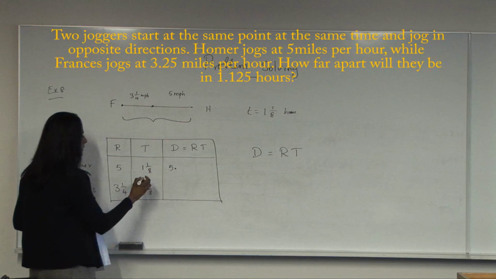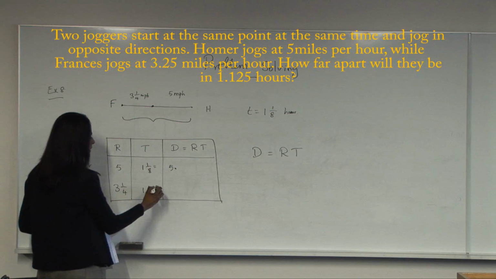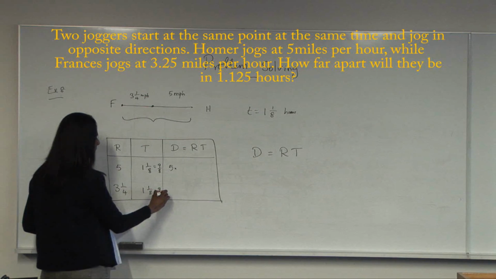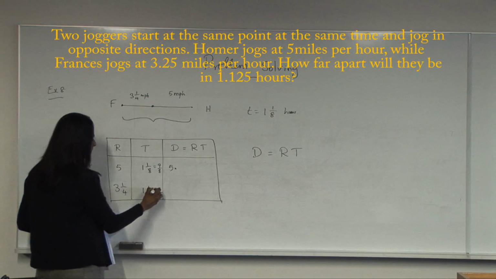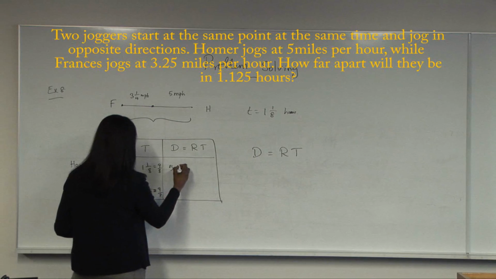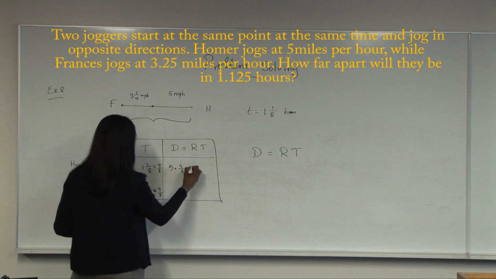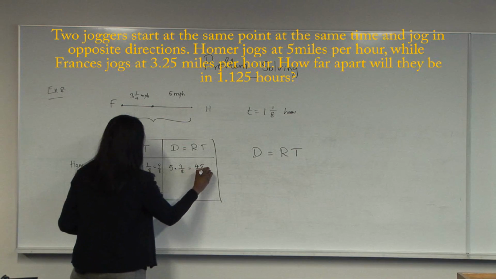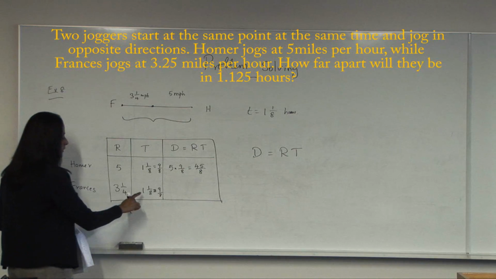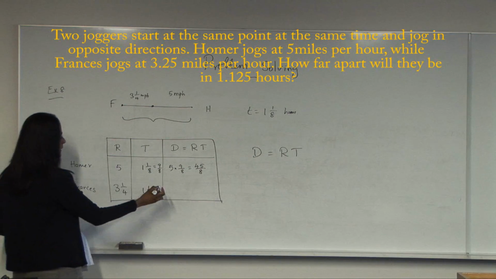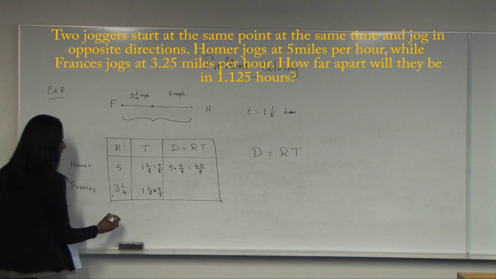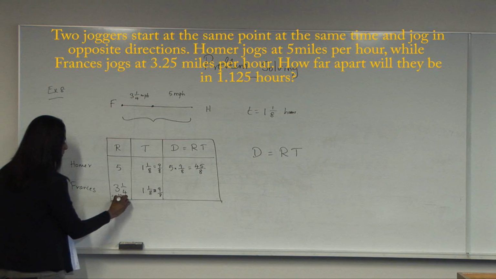So 5 times, what is 1 1/8? Let's change it into a fraction. It would be easier. 1 1/8 is 9/8. Correct? So 5 times 9/8 is 45/8. And then rate times time again. 3 1/4 is 13/4.